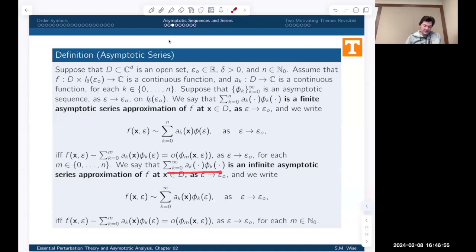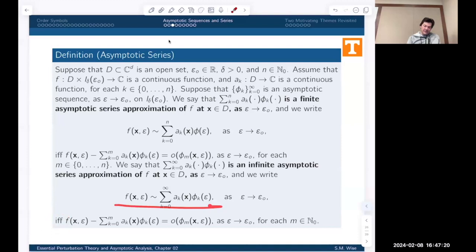So this is an infinite asymptotic series approximation of f as epsilon goes to epsilon naught. We write f is asymptotic to that series as epsilon goes to epsilon naught if and only if. Okay, so now comes the punchline. I'm defining things after the if and only if.